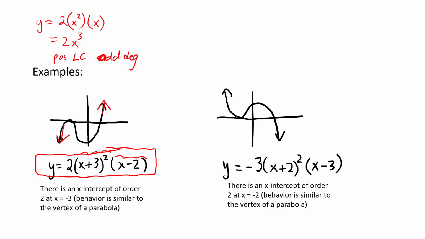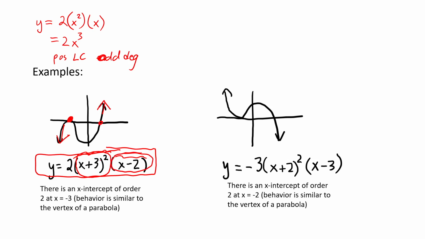Our end behaviors are in quadrant 1 and in quadrant 3. Okay, once we know the end behaviors, the second thing we do is take a look at the intercepts. We've got an x-intercept at negative 3, which is right here, and an x-intercept at positive 2, which is right here.